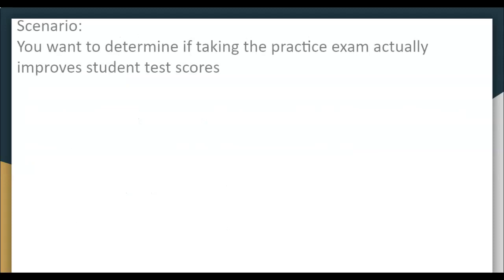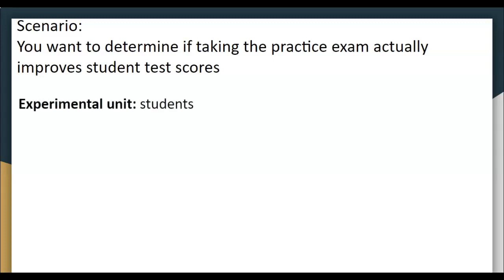Let's have an example. So, you want to determine if taking the practice exam actually improves students' test scores. In this case, our experimental unit would be the students because we think that if they take the practice exam, it will improve their test scores. So the treatment that we're applying here would be the practice exam.